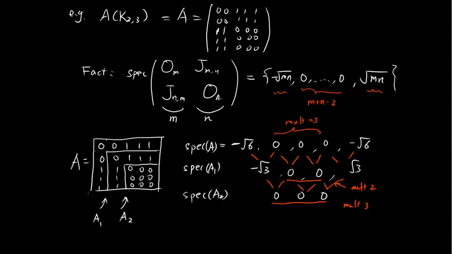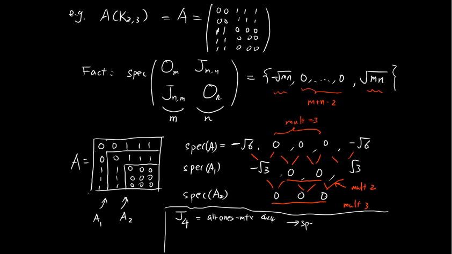Okay, so there are some questions or problems in your handout, and you can give it a try now, or here is another, if you want to do some more exercise, or just try to think of that in your mind. J4 is equal to the all-ones matrix, 4 by 4, and try to think about what is its spectrum.